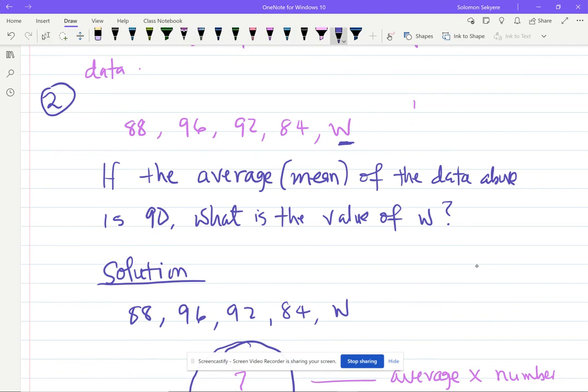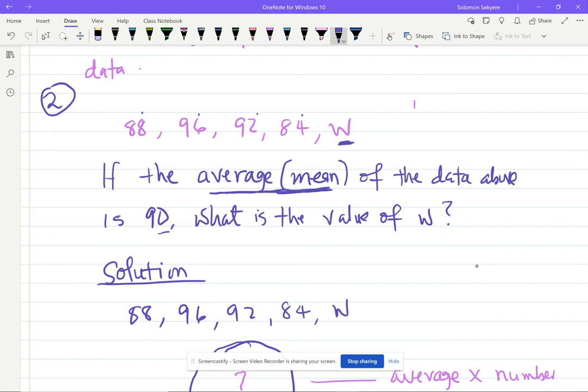If there is missing data and I know my average or the mean, another way of finding the total is I'm going to multiply my average or the mean by the number of points I have here.